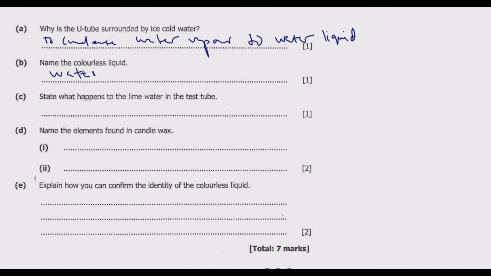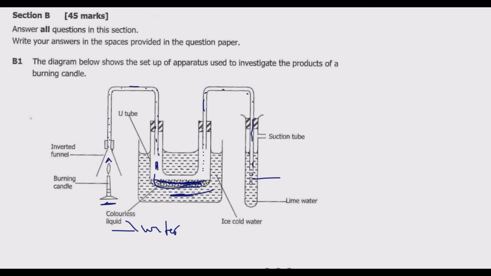Then C: state what happens to the lime water in the test tube. In this test tube, we now have carbon dioxide entering. Carbon dioxide, which is a gas, is going to react with lime water, which is calcium hydroxide. This will give us two products: calcium carbonate, which is a white precipitate, or milky, plus water, which is liquid.